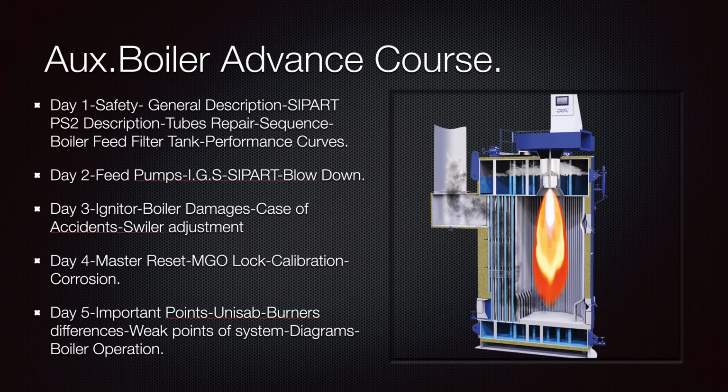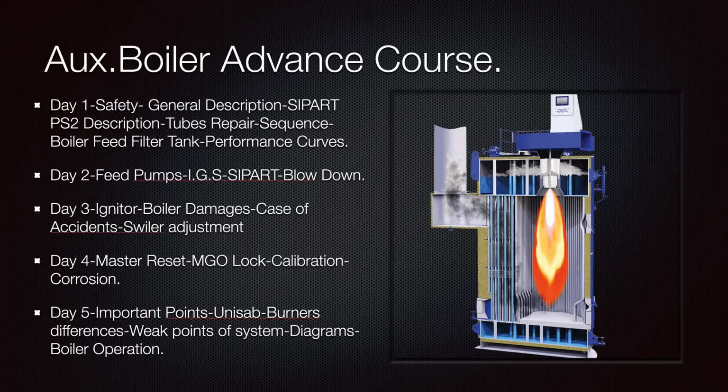In day 2, we will deep dive more into the feed pumps, the IGS, the C part itself, and blowdown procedures. On day 3, we will talk about the ignition, the boiler damages, some cases of accidents, and the swirler adjustment.